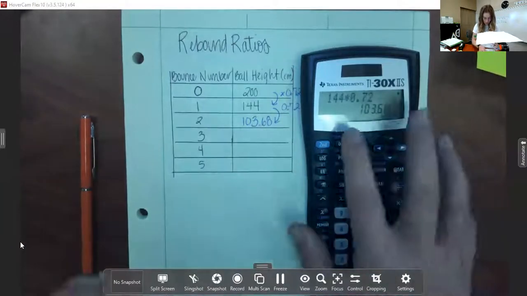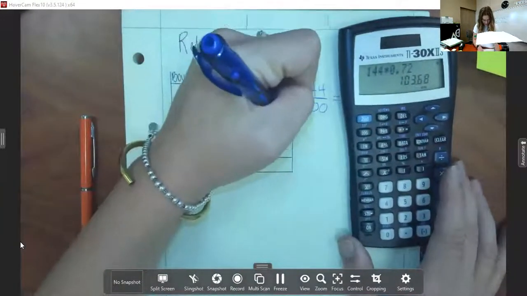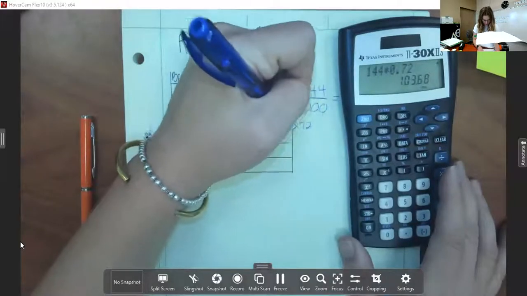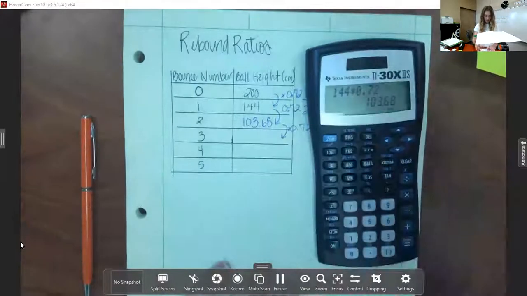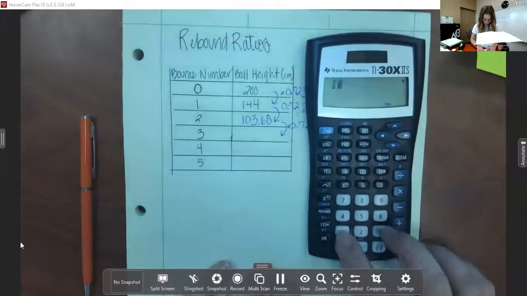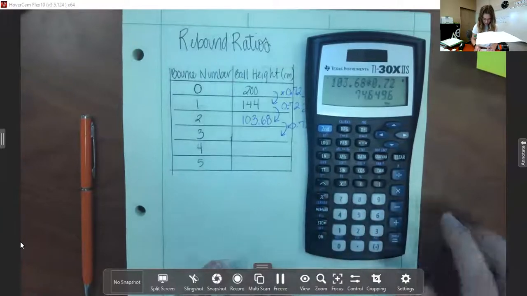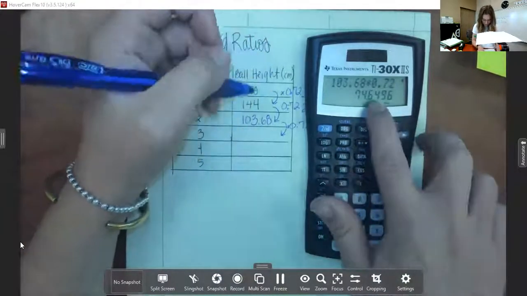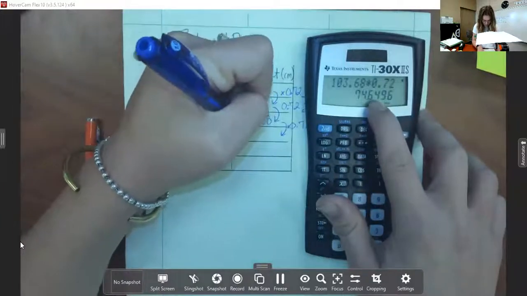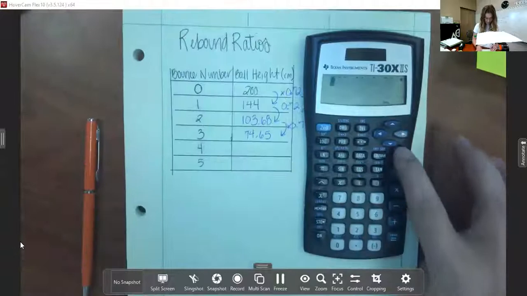So we're going to take 103.68 and again multiply that by 0.72, because that is how much it is decreasing by each time. And we're going to round to the nearest hundredths place. So let's do 74.65.